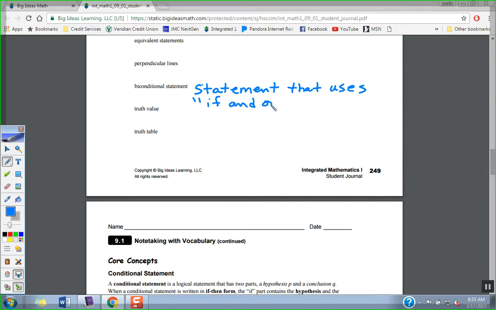Get this down for now. We'll look at some more stuff involving biconditional statements in the future. It uses the phrase if and only if.